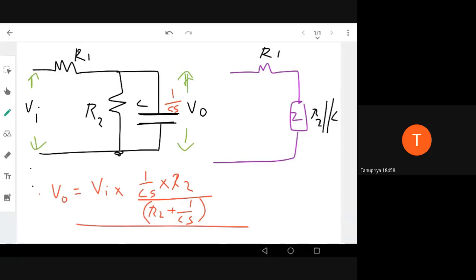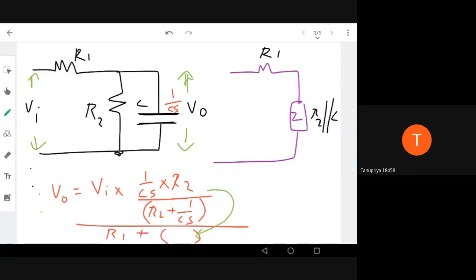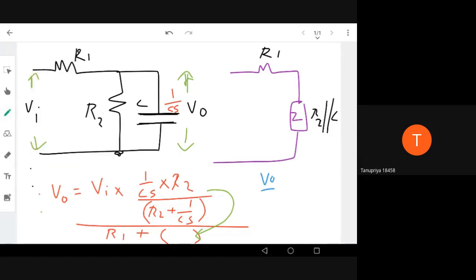Divided by R1 plus the same thing. The same thing in the numerator will come here. So what will be the answer? The transfer function is nothing but V output by V in, so when this comes here, the left-hand side becomes the denominator. So we'll call it the transfer function.